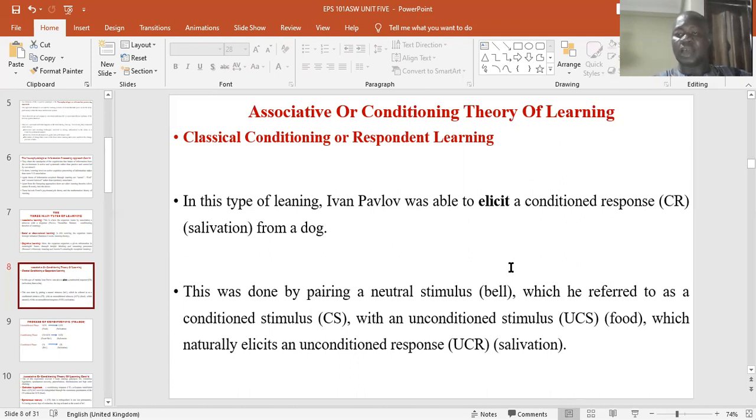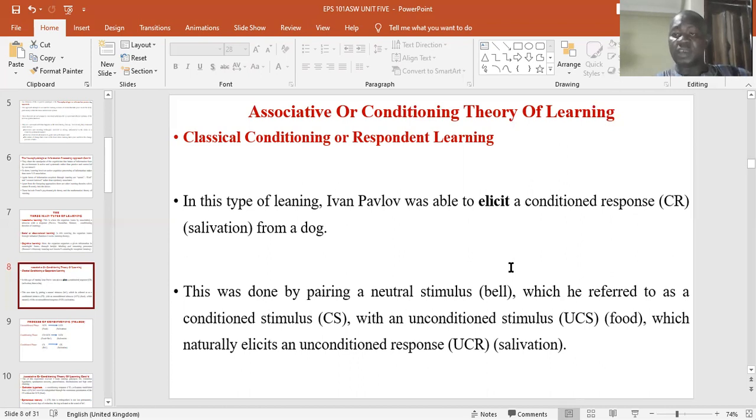Neutral means the dog hasn't learned anything about responding to a bell, but they add it to the food so that the bell will get the properties of the food, and one day the bell alone can let the dog respond. When they do that, it allowed the dog to respond naturally, and the natural response was the UCR again, unconditioned response. But continuous pairing of the food and the bell allowed the bell to take the properties that Pavlov wanted.